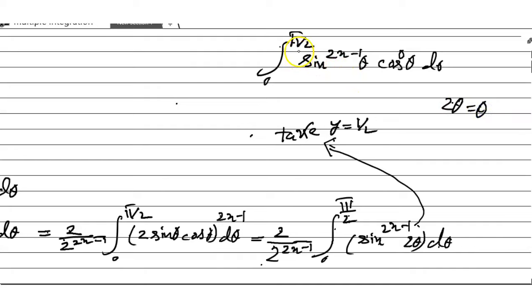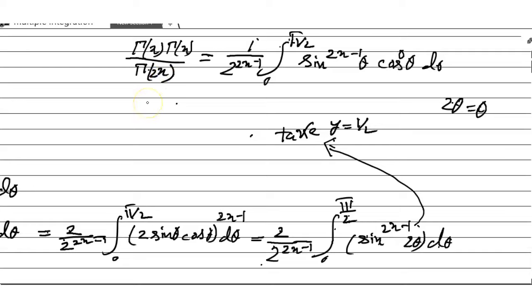So 1 by 2 to the power 2x minus 1 equals gamma x into gamma half divided by gamma x plus half.